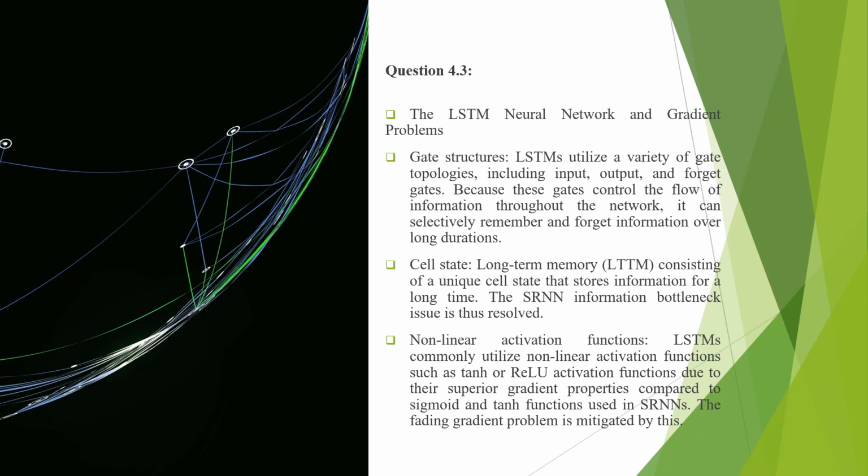Next, cell state. Long-term memory consisting of a unique cell state that stores information for a long time. The SRNN information bottleneck issue is resolved.